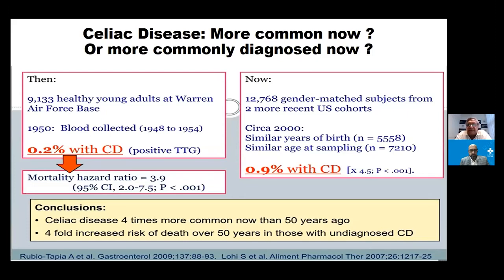But if the samples are tested now from those present in 2000, 0.9% of persons will have positive TTG, indicating they have celiac disease. So their conclusion was that celiac disease now is 4 times as common as it was 50 years back.